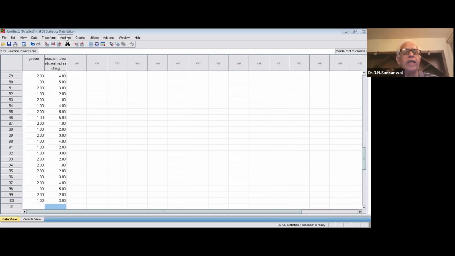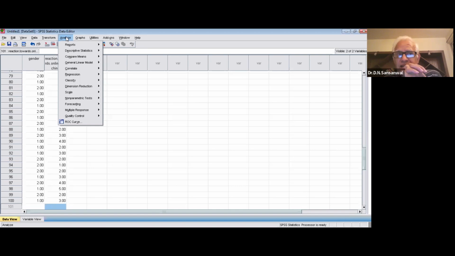Now I go to analyze. And if you see here, non-parametric, this is the chi-square.